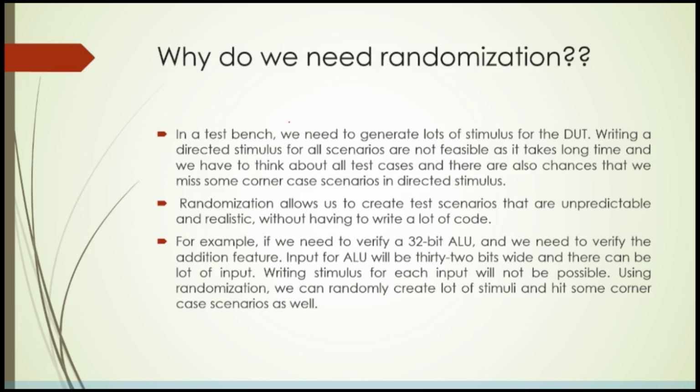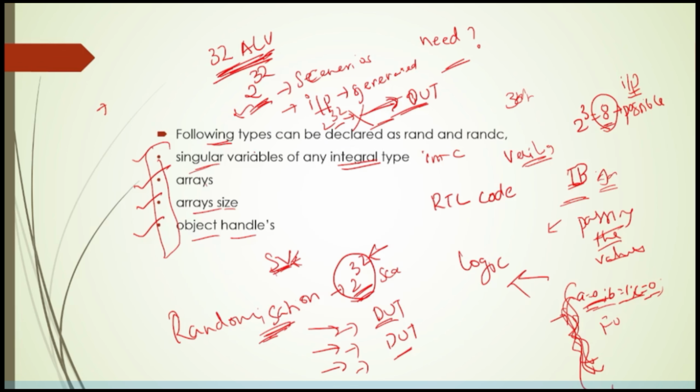Okay, so this was not possible in SystemVerilog, because in SystemVerilog you don't have this randomization concept. So in order to provide random values to the test bench, you need to do it on your own, manually. You need to send all the stimulus to the DUT manually in the case of Verilog, but that is not the case in SystemVerilog.